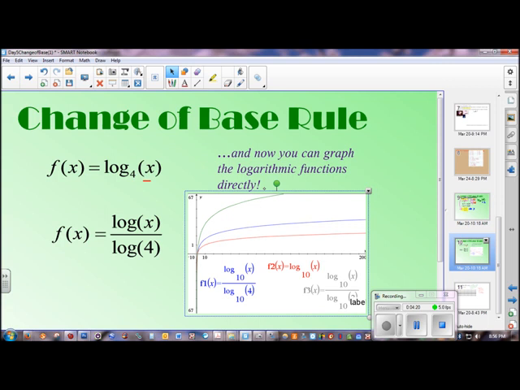I think you can see from this picture that we have not a horizontal asymptote anymore, but now a vertical asymptote. Remember, in our exponential functions, we had horizontal asymptotes on the x-axis. Now, with the inverse function, we've got vertical asymptotes on the y-axis. Everything is kind of turned around because of that whole inverse idea.